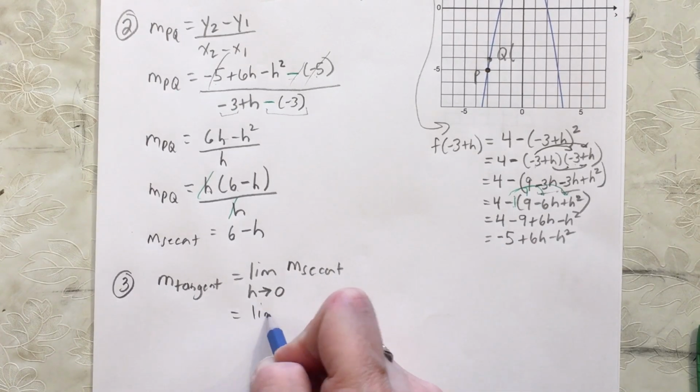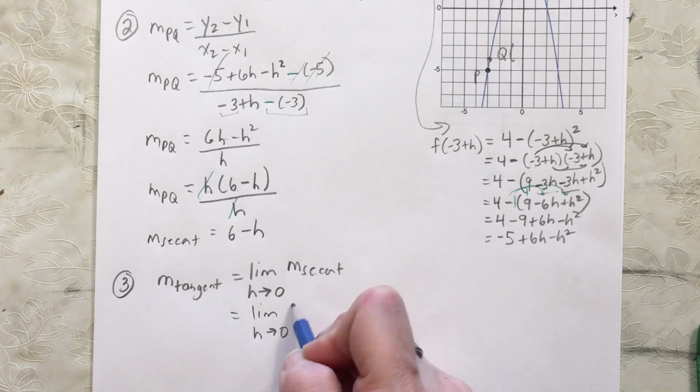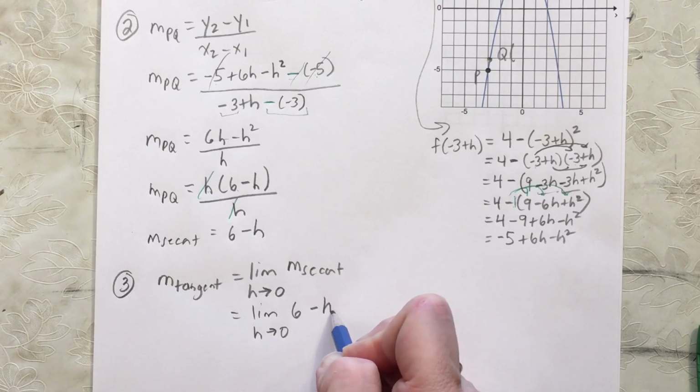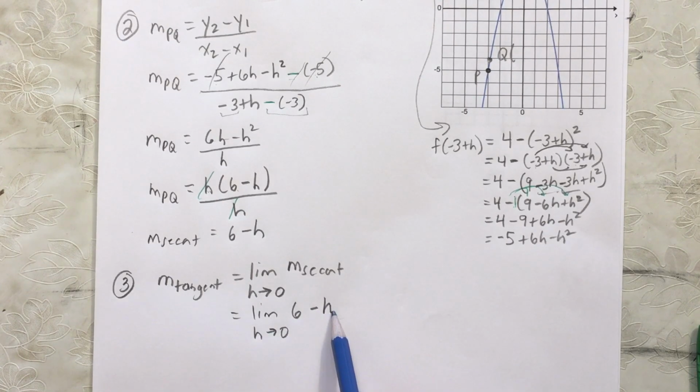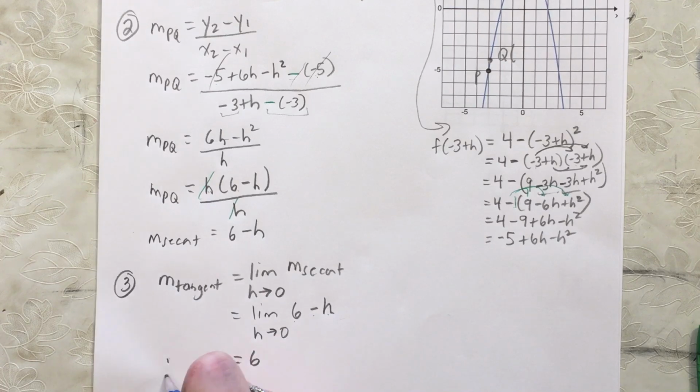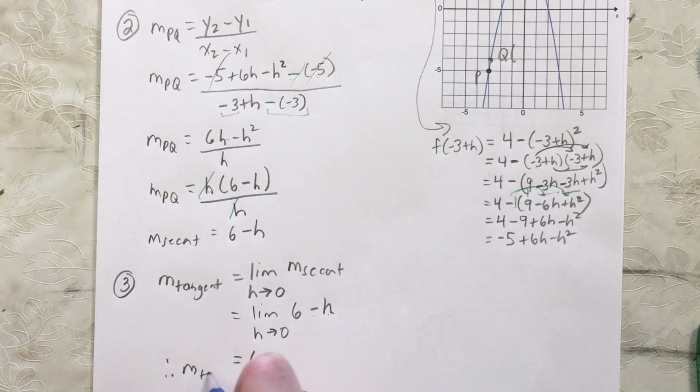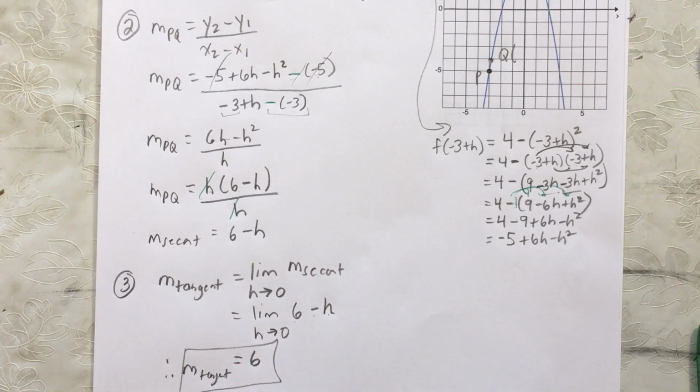So the limit as h approaches 0 of 6 minus h. So imagine h getting really close to 0. 6 minus a number really close to 0 is going to approach 6. So therefore m tangent is equal to 6.